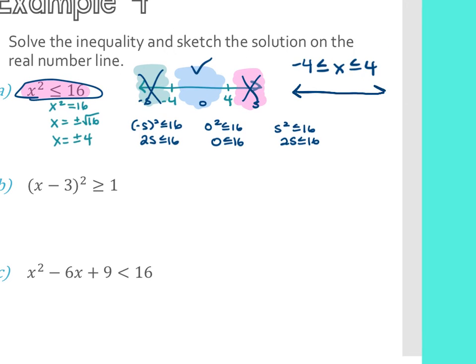And my solution would be from -4 to +4. Bracket on both, shaded in between. Questions on that one?